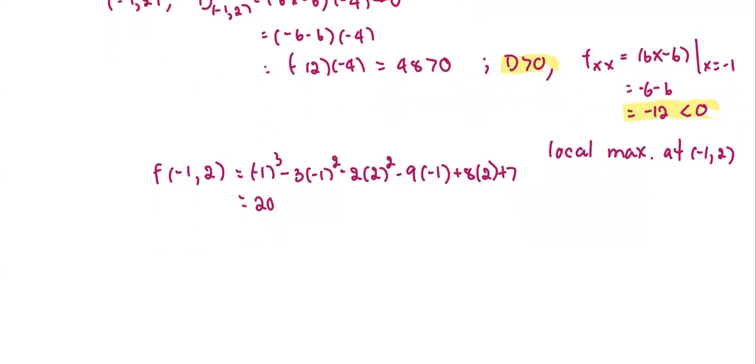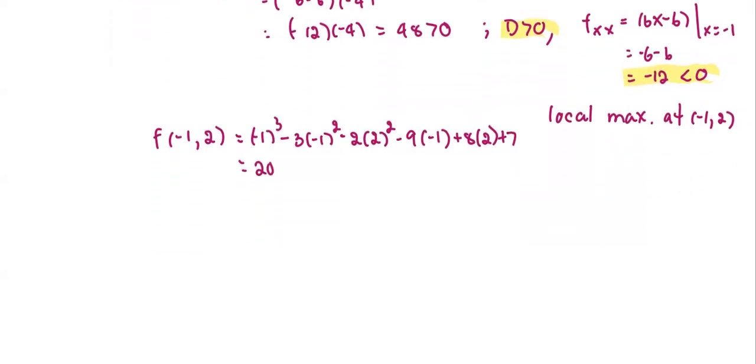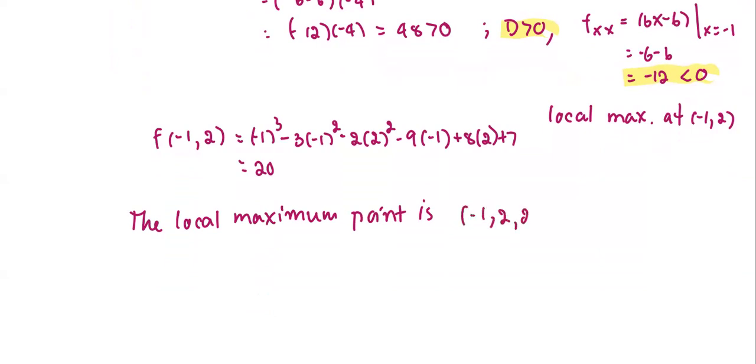So we can wrap it up: the local maximum point is (negative 1, 20), where 20 is the value.